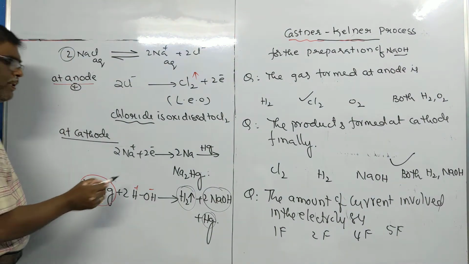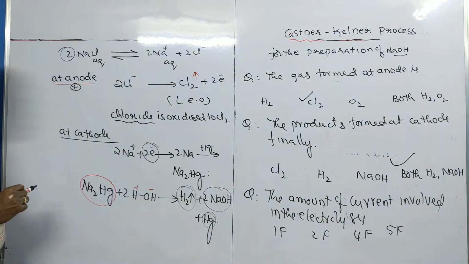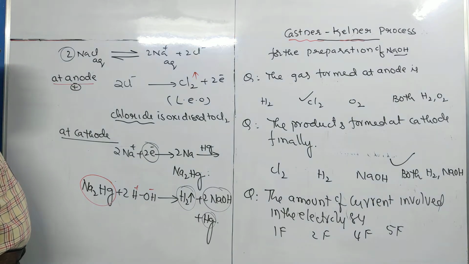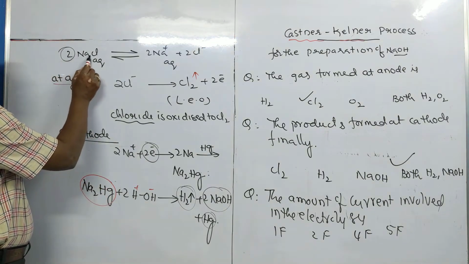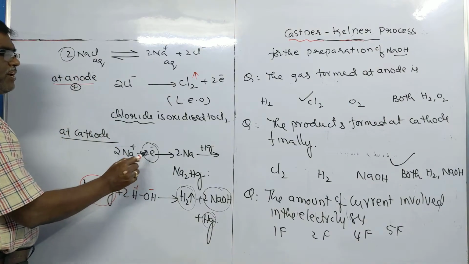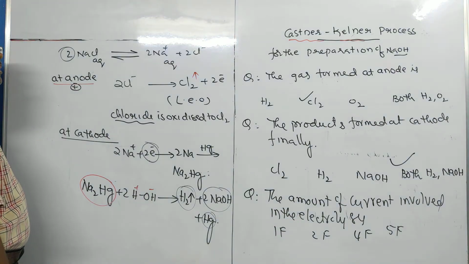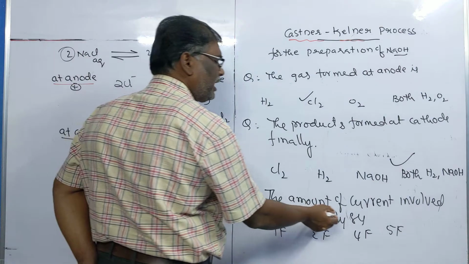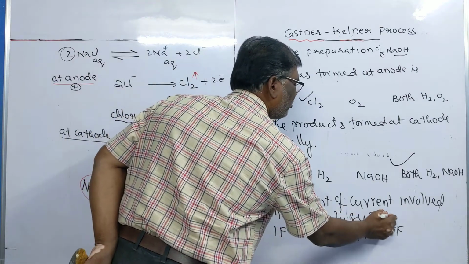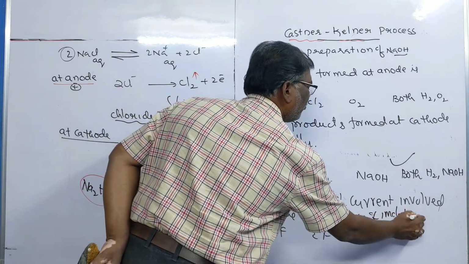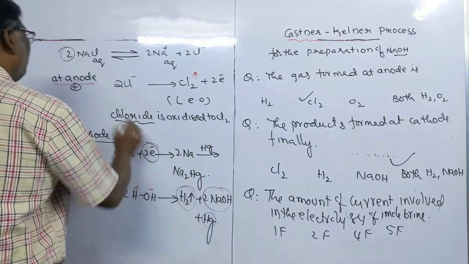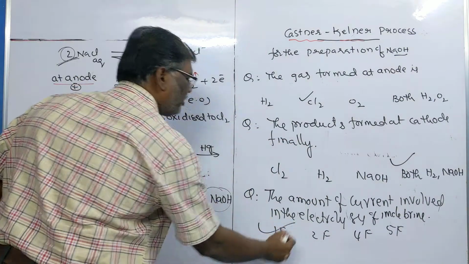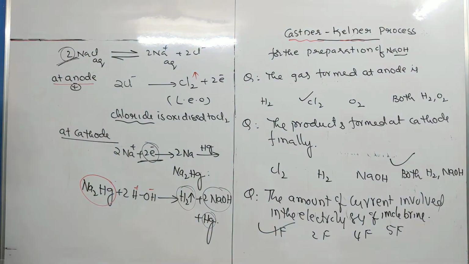For 2 moles of brine, 2 moles of electrons are involved. The charge of 1 mole of electrons is called 1 Faraday. So for 2 moles of brine solution, 2 Faradays of current is used. Now we are asking for 1 mole. For 2 moles, we have 2 Faradays; for 1 mole, 1 Faraday.